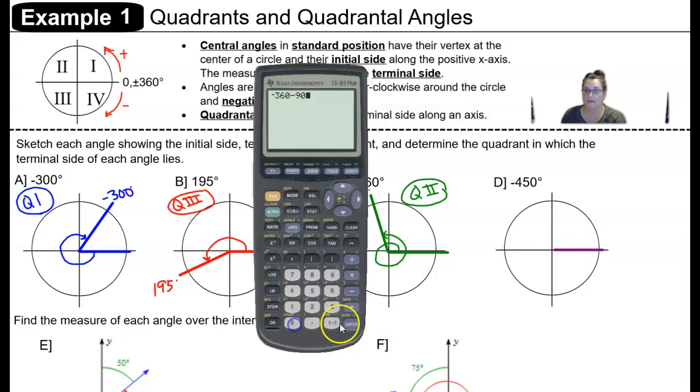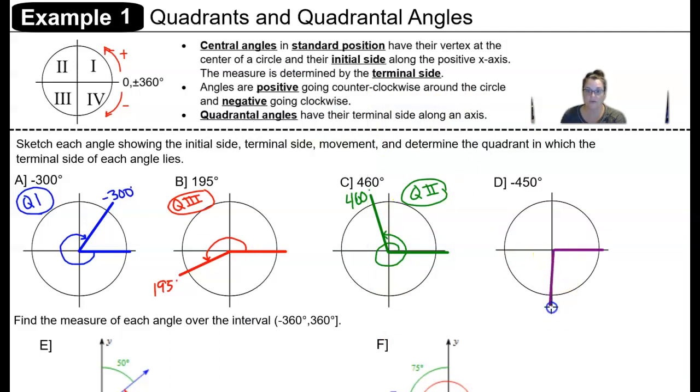We're going to go another 90, gets us to negative 450. So the terminal side is along the negative y-axis, and our direction of movement was in the clockwise direction. We went 1 full rotation around, that was negative 360, then a negative 90 more gets us to the terminal side, located at negative 450 degrees.